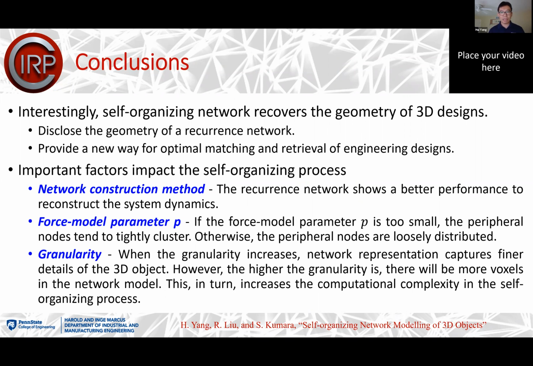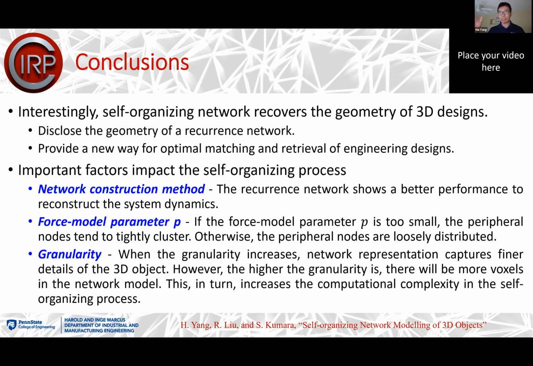So the important factors that impact the process, of course, there are parameters in between, okay? For network construction method, we showed that recurrence network is much better than the KNN network. And we tested different kinds of parameters. If you look into the paper, we test a range of values for model parameter P. If it's too small, then they will tend to tightly cluster.